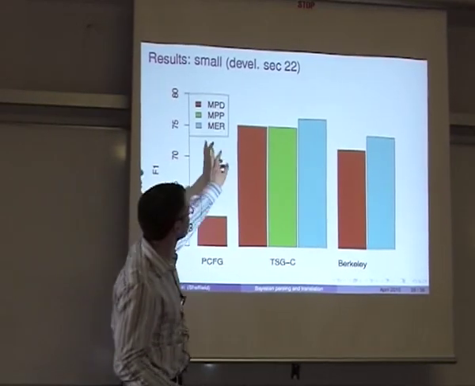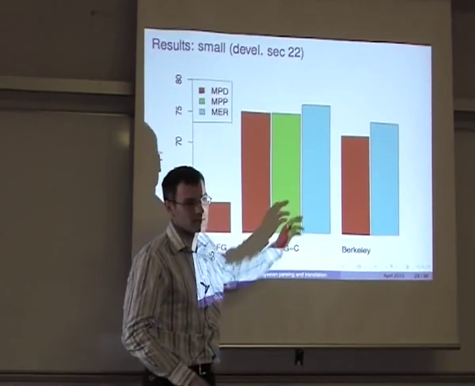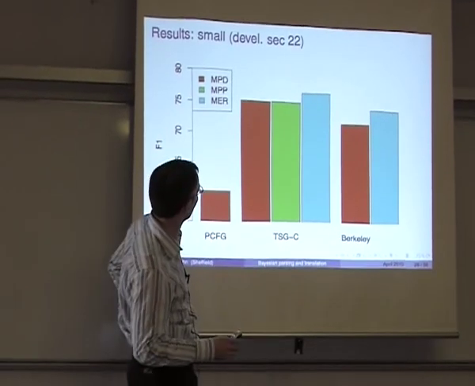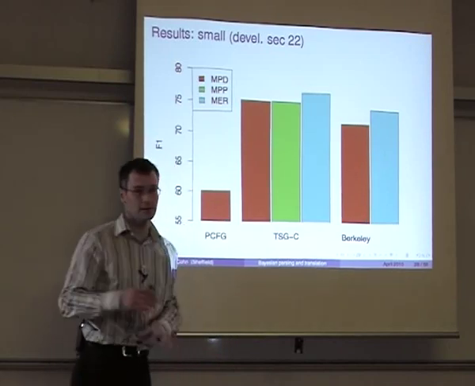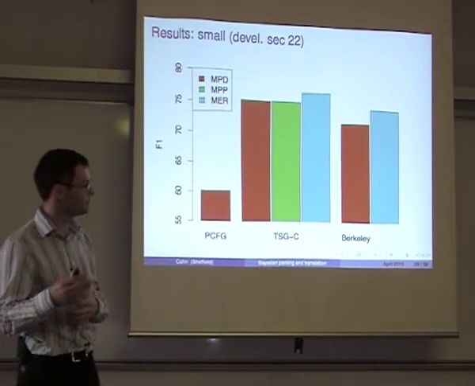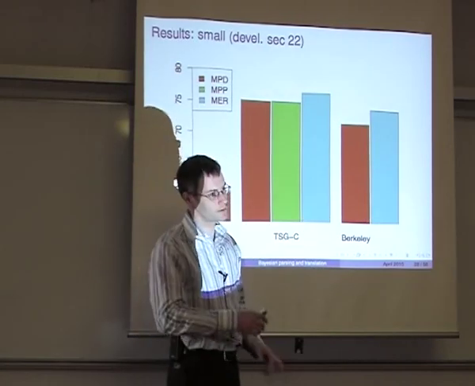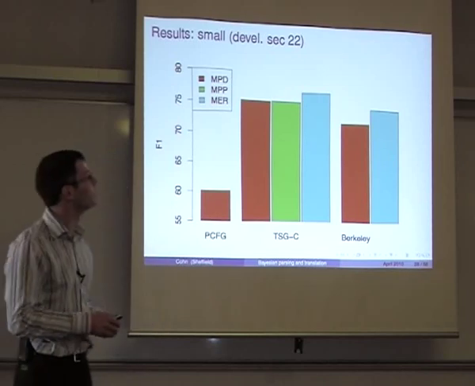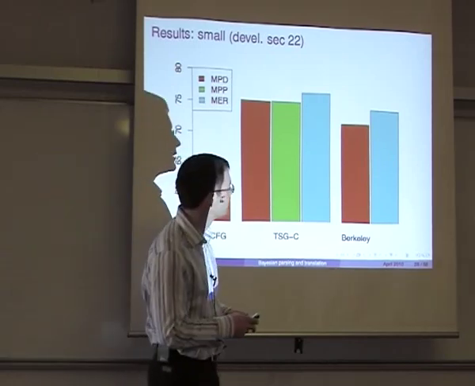We've got 3 different methods for parsing: the most probable derivation, the most probable parse, and the maximum expected CFG rules. The most probable parse doesn't make that much difference against the most probable derivation. In fact, it usually beats it, but only very slightly. The maximum expected parse does really well. It gets another 3 or so F points, which is quite significant.